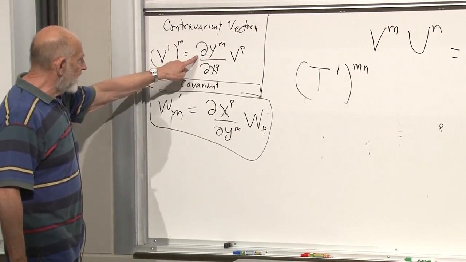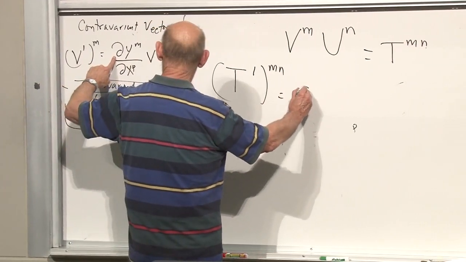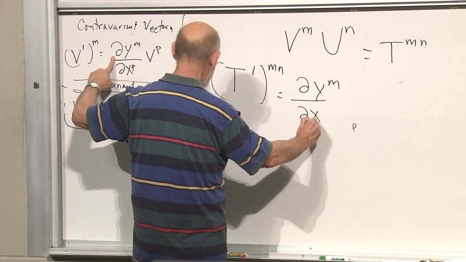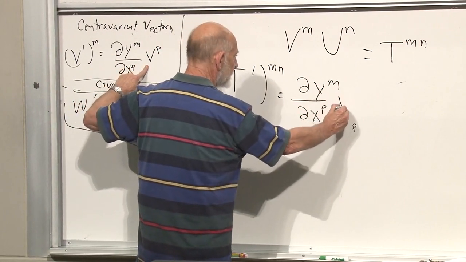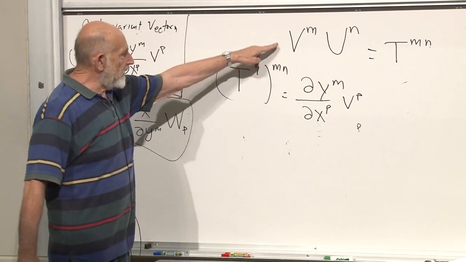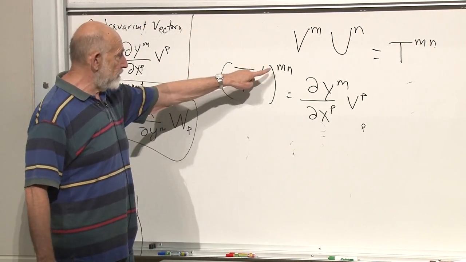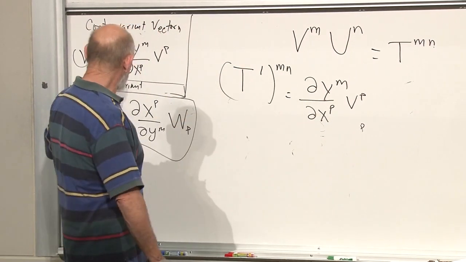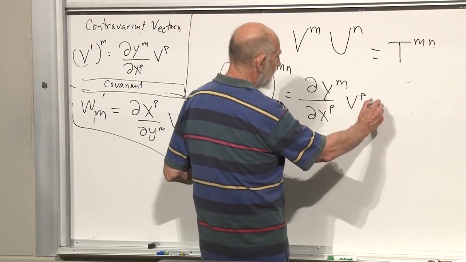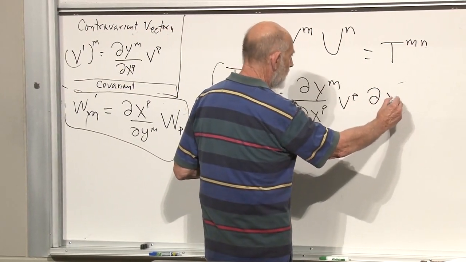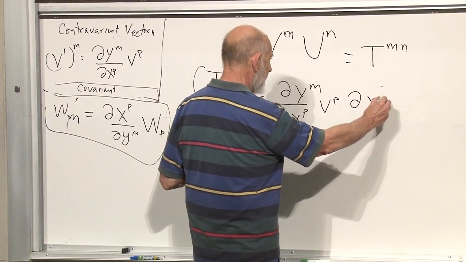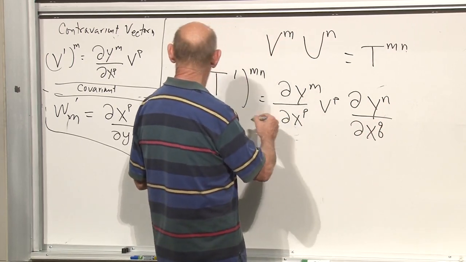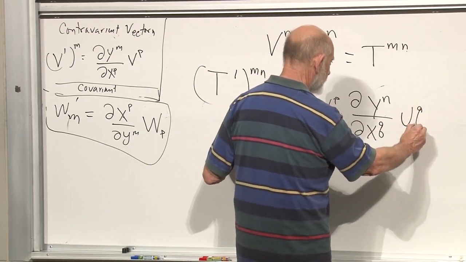V prime is over here, and it's equal to dy^m by dx^p times V^p. That's V^m, or the primed version, V prime m. Now what about U prime? U prime, same kind of formula, partial of y^n with respect to, let's call it x^q, U^q.